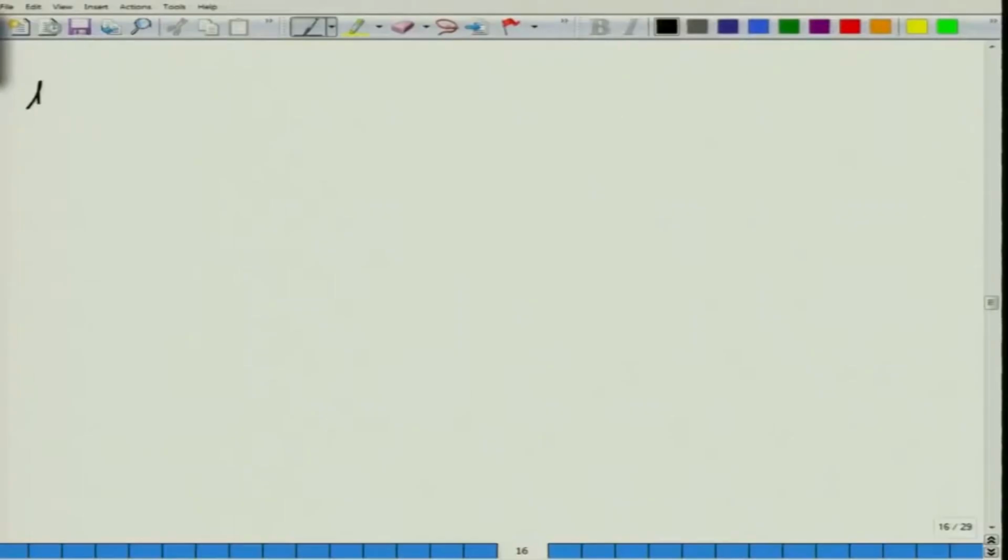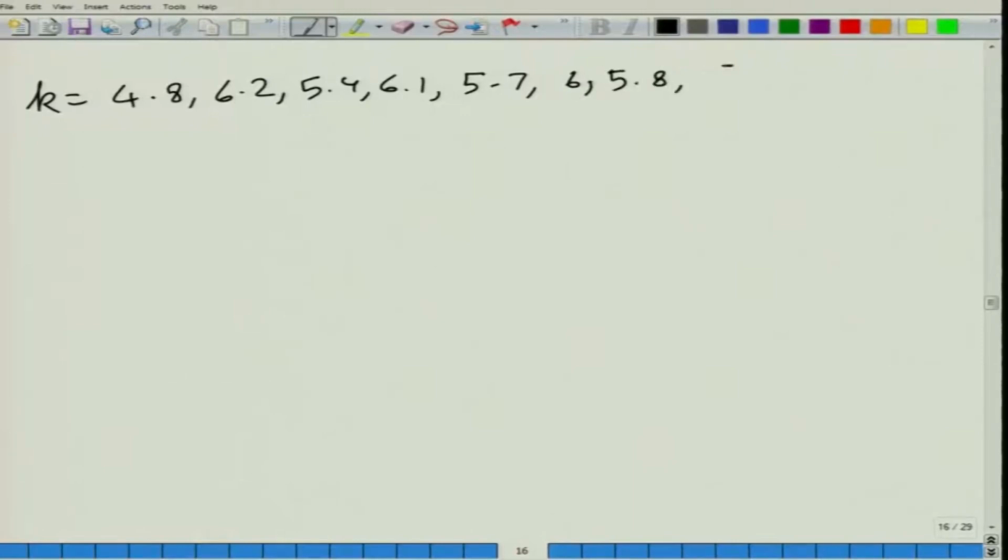Here we are given k is equal to 4.8, 6.2, 5.4, 6.1, 5.7, 6.6, 5.8, 5.6, 6.2 and 6.1. That is 1, 2, 3, 4, 5, 6, 7, 8, 9, 10, so we have 10 values.